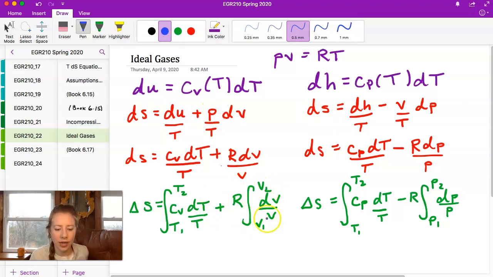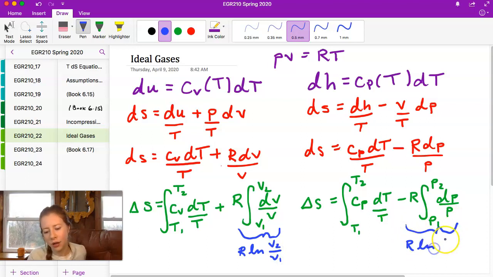So this piece right here is going to be R times the natural log of V2 over V1. And this piece right here is going to be R times the natural log of P2 over P1.